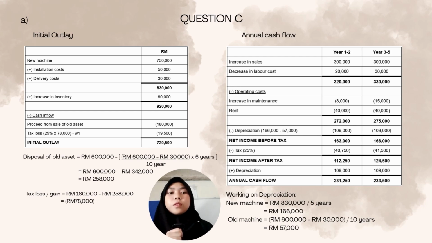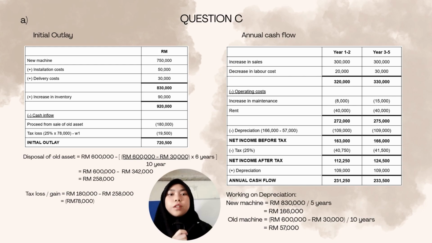After that we minus the cash flow, which is proceeds from the sale of old asset, 180,000. Then minus tax loss, which is 25% multiplied by 78,000, which gives 19,500. After subtracting all the cash inflow, our initial outlay is 722,500.